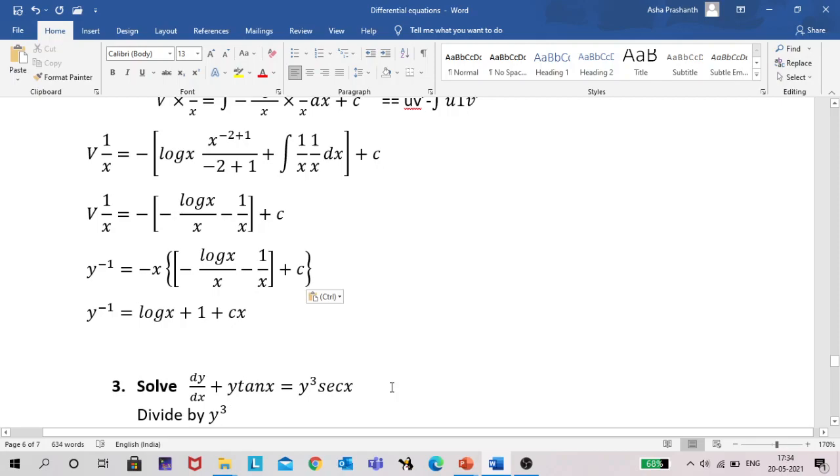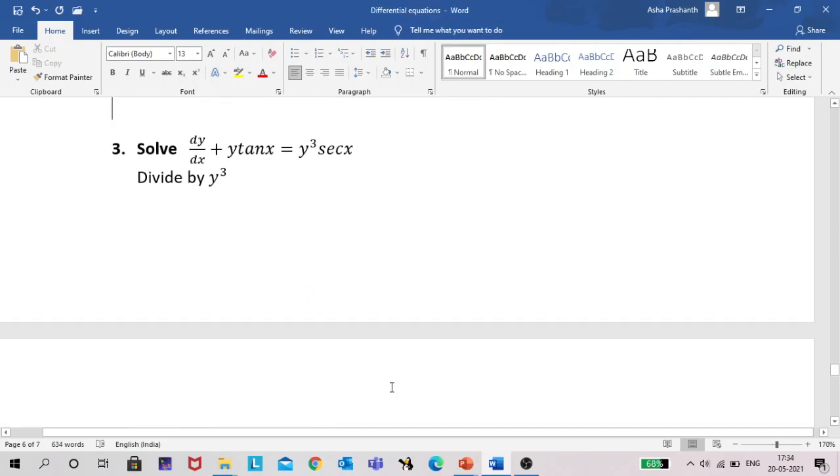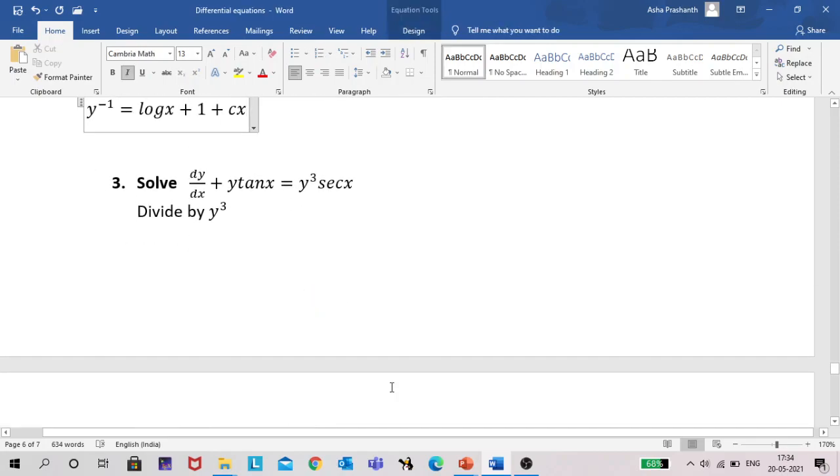Next, we move on to the third problem. The third problem is related to trigonometry. Dy by dx plus y tan x is equal to y cube secant x. Clear? Here the q coefficient, q is a function of x, or it may be a constant. This is secant x. Q coefficient is y to the power of 3. Divide the whole equation by y to the power of 3.